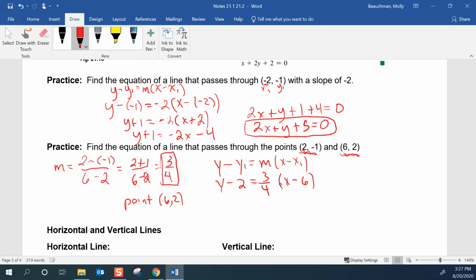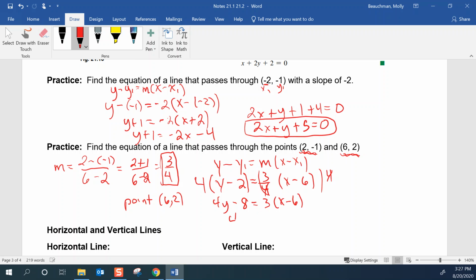Okay, I'm going to use that trick where I can get rid of the 4, so I don't have to have fractions. Multiply both sides of the equation by 4. I end up with 4y minus 8 is equal to, this 4 cancels with this 4, 3 times x minus 6.